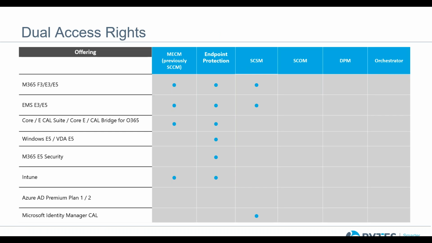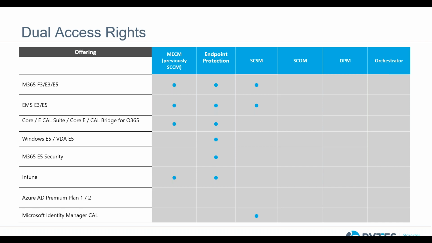So, as I mentioned in regards to the management licenses themselves, the left-hand side obviously shows a multitude of different online subscriptions or on-premise CALs. You can see where some of these management licenses are actually already included.